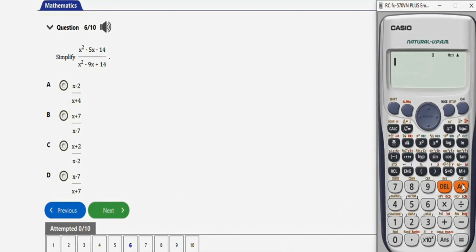Okay, so let's begin with the options. Looking at this question, I can decode that the right option would be option C. Let's check. Option C will give us math error.